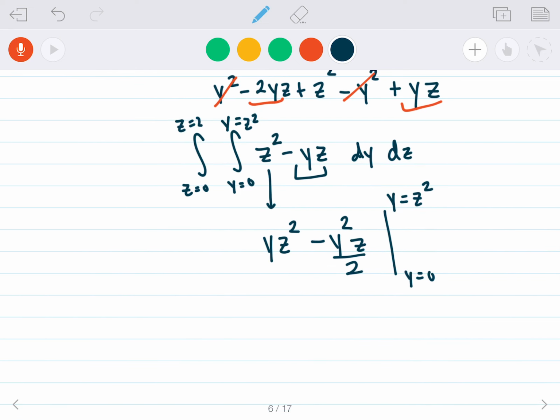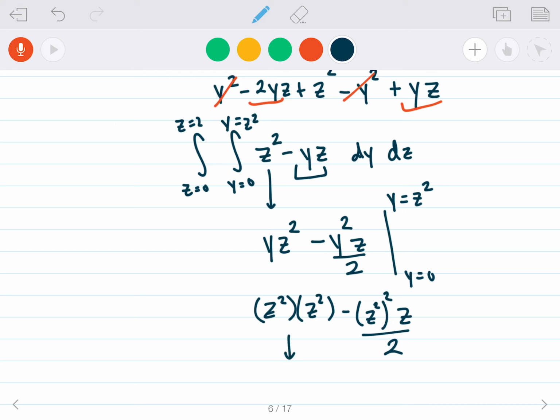So plugging in y equals z squared, I get z squared times z squared minus (z squared) squared times z over 2. And then minus, I'm going to plug in 0 for the y's. That's all going to go to 0, so I don't really have to worry about that.